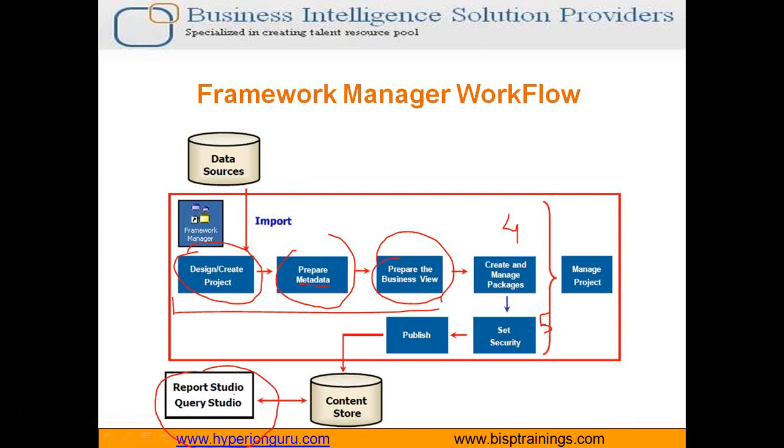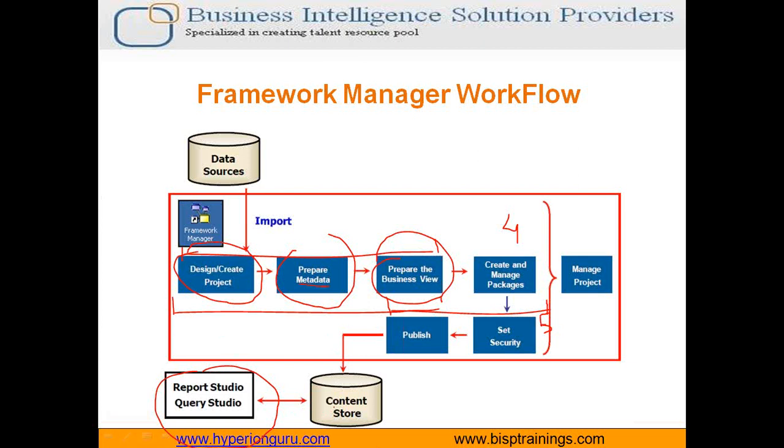And finally, you have Report Studio over here. Report Studio is like a report developer job. So the first three steps are for the architect, and then designing a Framework Manager, establishing security, and publishing the report, and finally it comes to Report Studio or Query Studio, through which we access the business data.